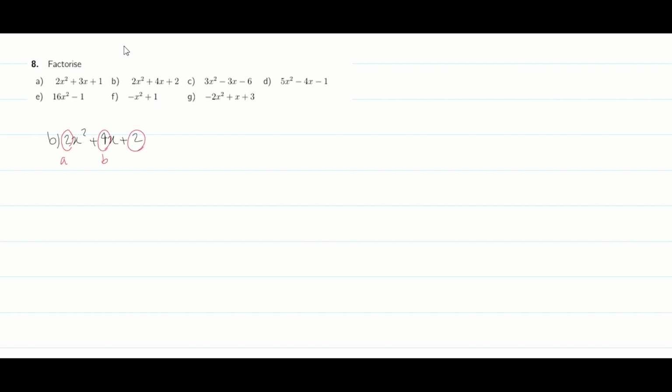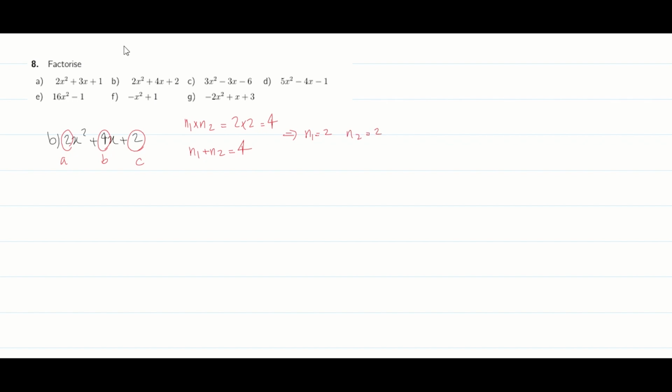And our c value in here is 2. So we need to find two numbers whose multiplication is equal to a times c, which is 2 times 2, which would be equal to 4. And their summation should be equal to 4, which is the b value in here. So those two numbers would be 2 and 2.